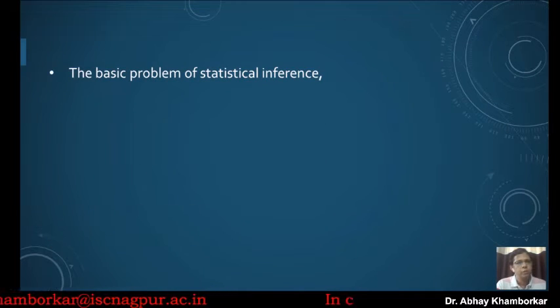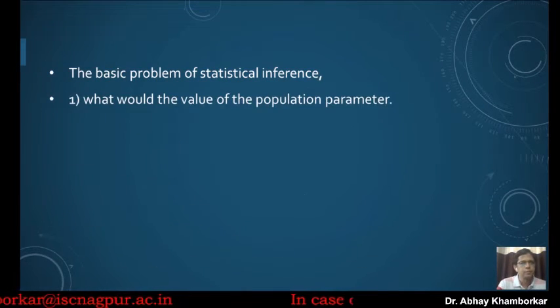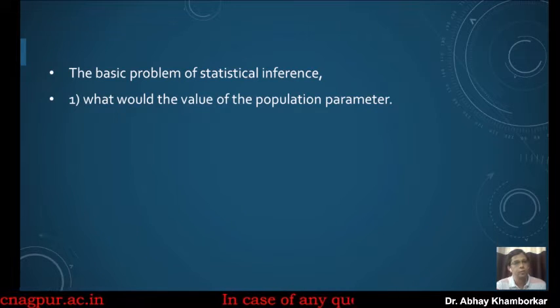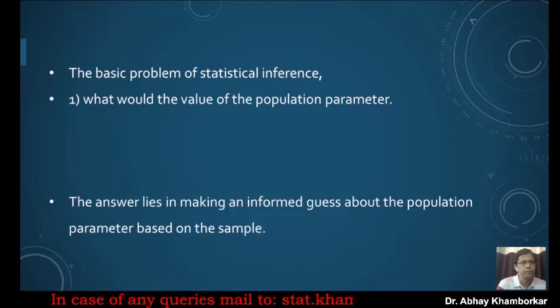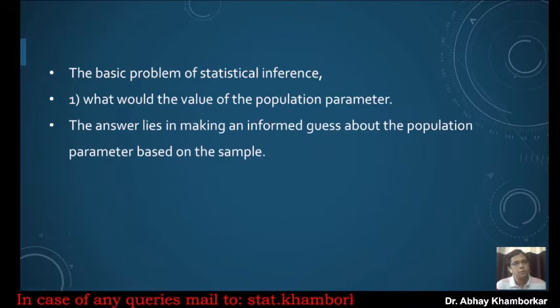The first basic problem of statistical inference is: what would be the value of this population parameter? In this case the population parameter is totally unknown and we want to know its value. The answer lies in making an informed guess, that means an estimation of this population parameter based on the random sample.